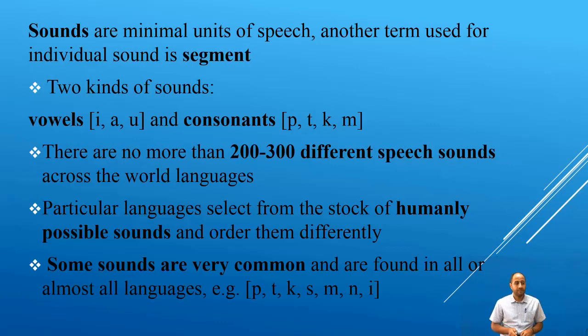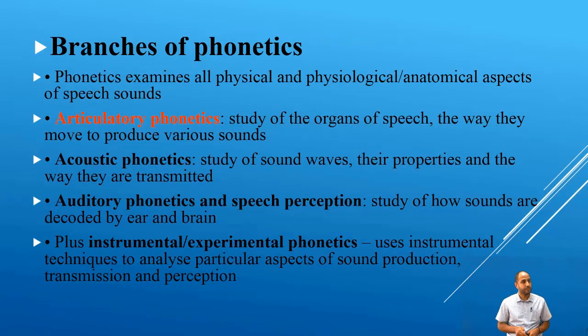One of the very common sounds are the consonants, which are mostly found in the majority of the world languages. Some languages have a unique number of consonants which are unique to these languages.